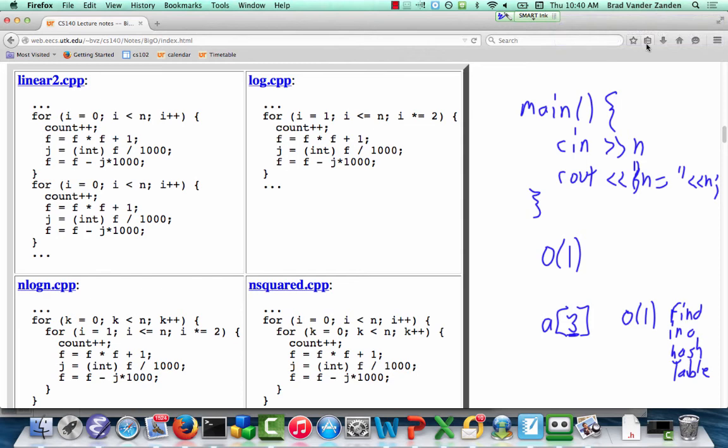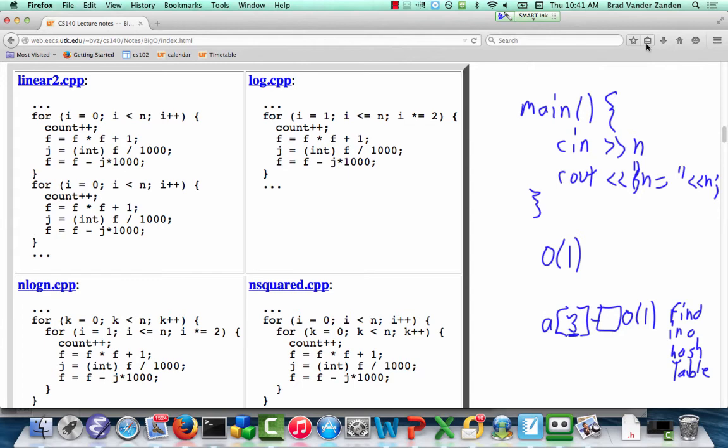That's constant time. And if we're using, for example, separate chaining, we assume that the number of entries in each bucket is constant. Therefore, we only have to look at a constant number of entries, and therefore the whole thing is a constant time operation.